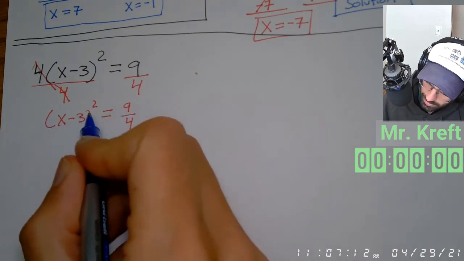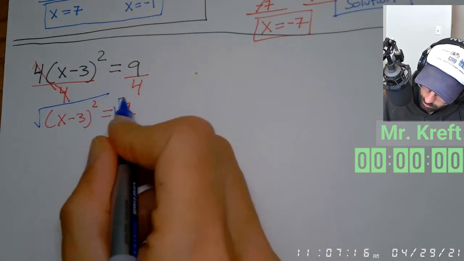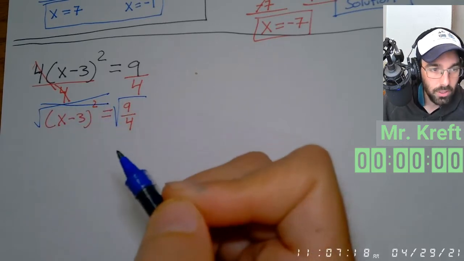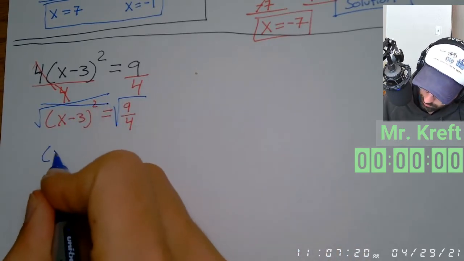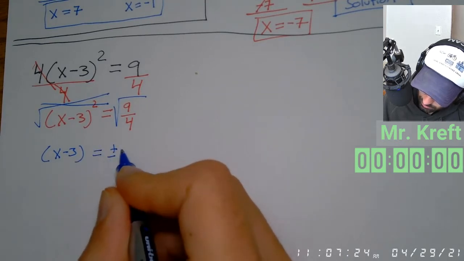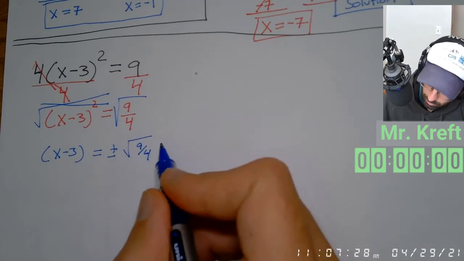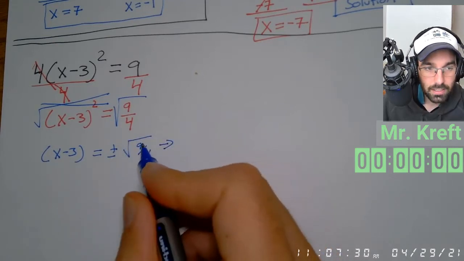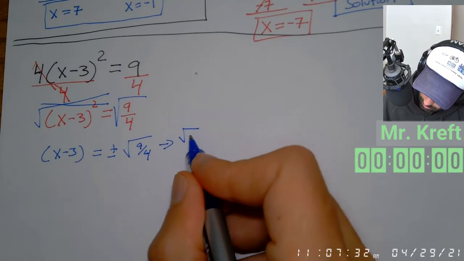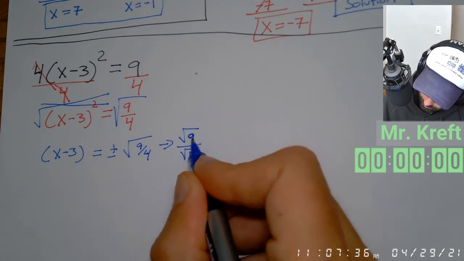So I have the square, so I'm going to square root both sides. The square and the square root go away. So I'm left with x minus 3 equals plus or minus square root of 9/4. Now remember, this is what we talked about at the beginning. Square root of 9/4 is the same as square root of 9 over the square root of 4.